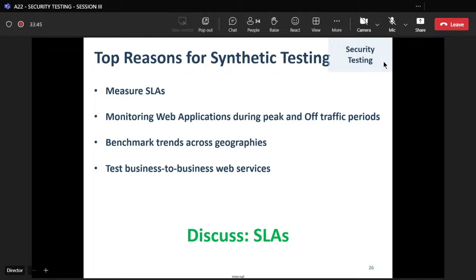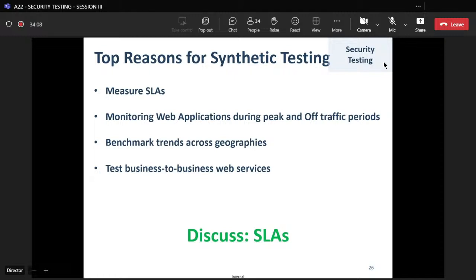And also this will help you monitor the web applications during the peak hours and off-peak hours, the various traffic periods. In a global business scenario, sometimes you'll have the peak hours, sometimes you'll have less. So this type of synthetic testing will help you monitor both the extremes.